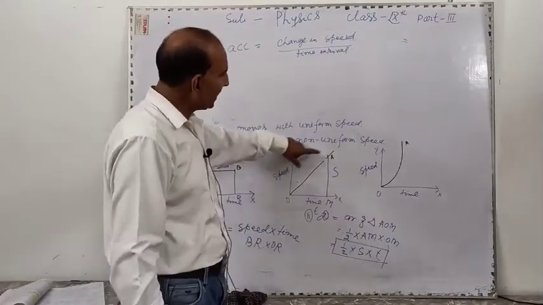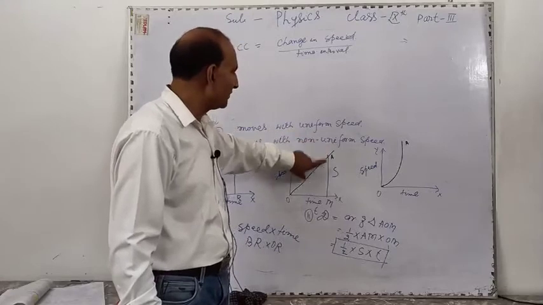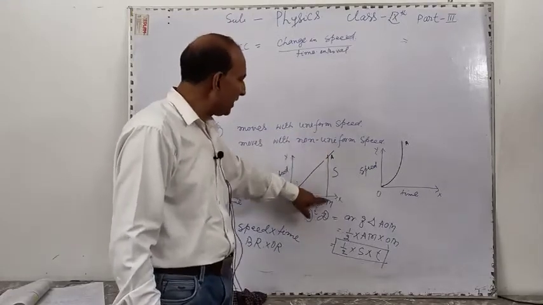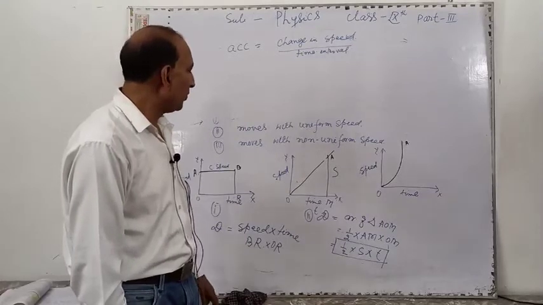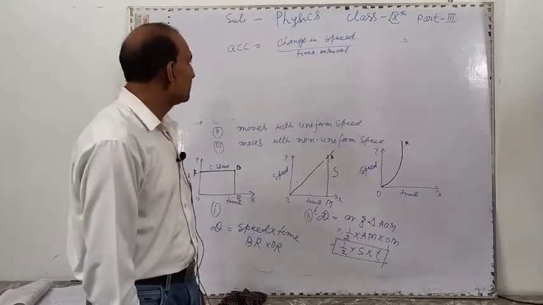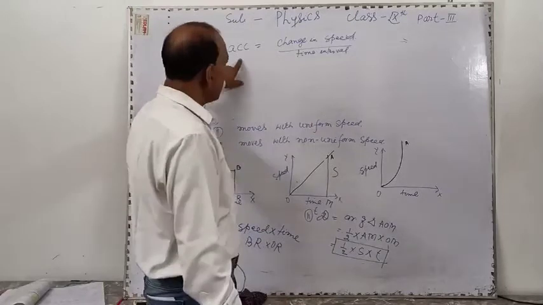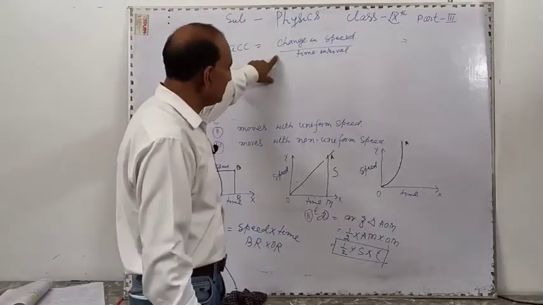Suppose we take a point A on the graph and we draw perpendicular AM from A on the time axis, that is OX. Then acceleration is equal to change in speed.